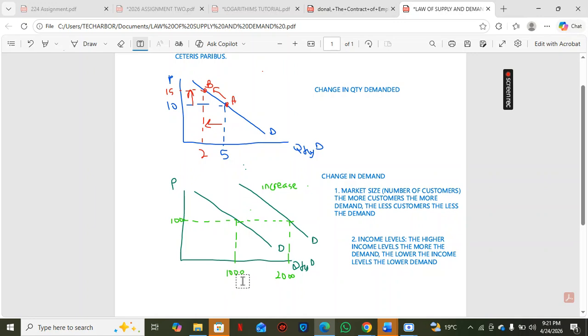It means if one person was able to buy one of these goods, if the income has increased, they can buy two. So if the income level is double, theoretically in this example, the quantity demanded is going to double because people are now buying double the amount. So if you have more income, you buy more of a certain good. If you have less income, you're going to buy less.